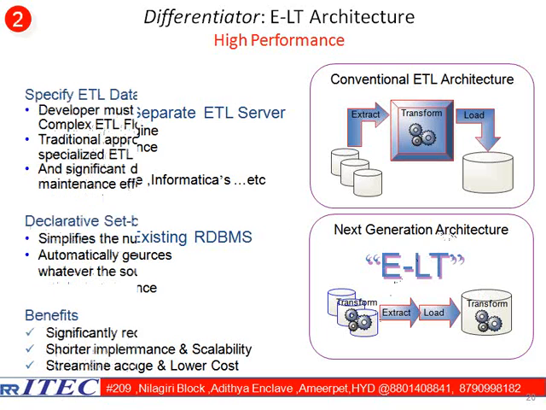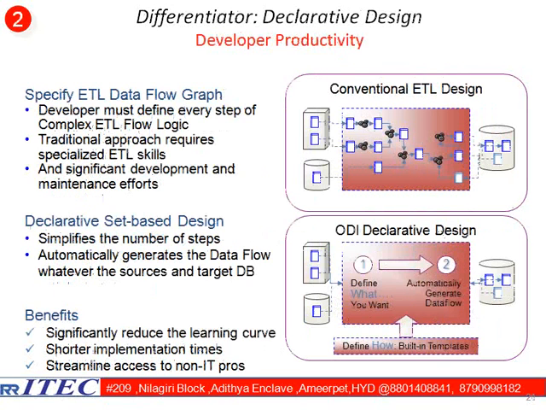Okay. Second point, the second differentiator. In Informatica, everything you need to develop, sir. You need to extract, you need to develop all these things one by one. But here it is not like that. You define what you want: incremental loading or slowly changing dimension.